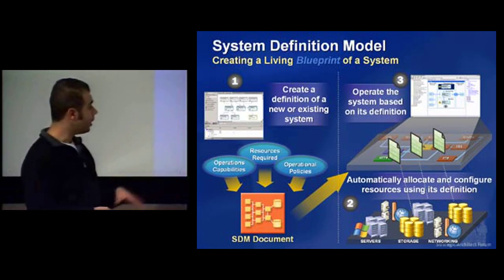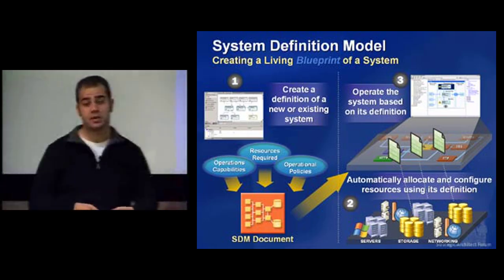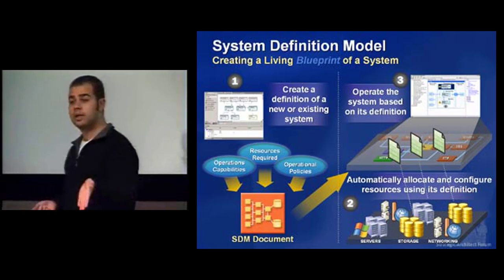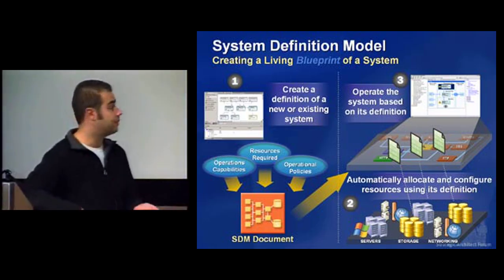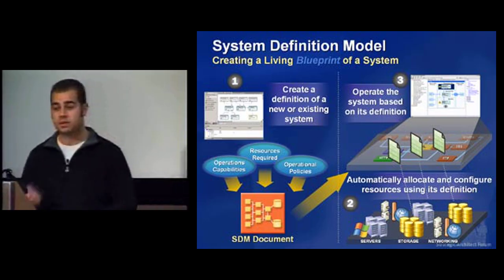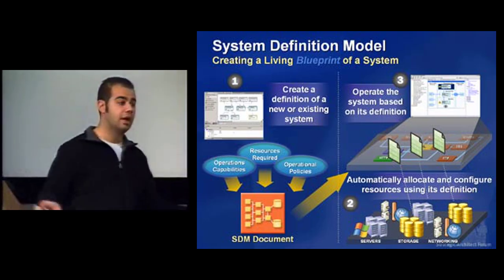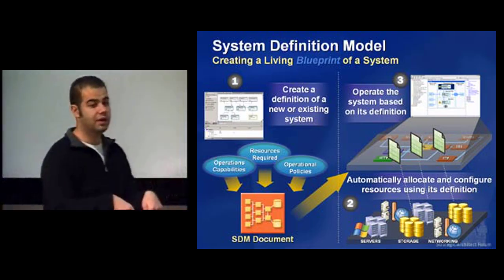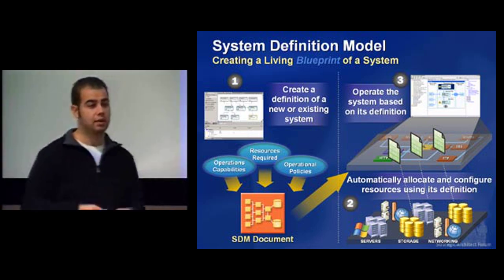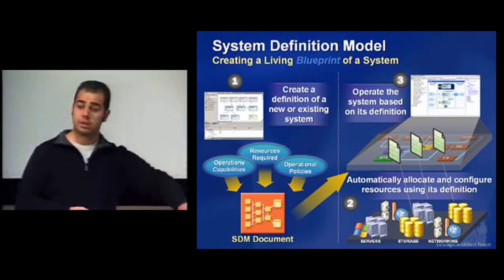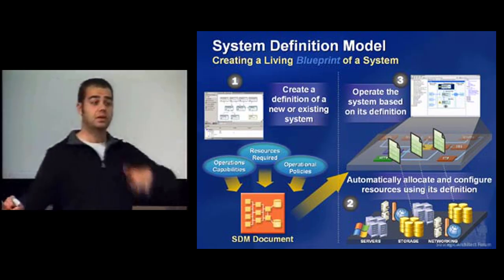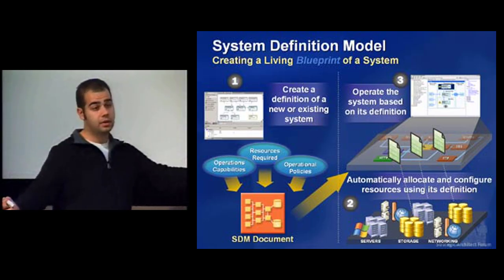And in there, I can capture all sorts of relevant information to both the deployment and the ongoing operations of a system. In the SDM, I can capture the operational capabilities of a system, any resources required, configurations, and requirements on the host environment. And I'll discuss this as we move forward. So the end result of all this is this design service generates an SDM document.